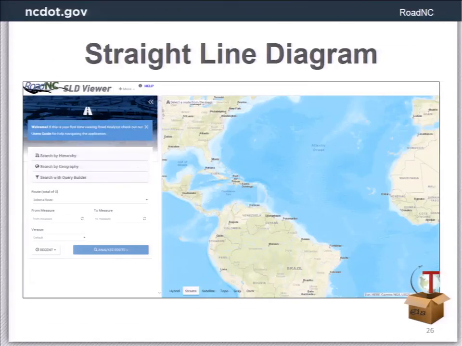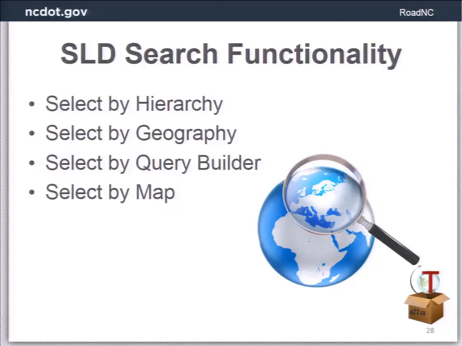Now, while users can start off by selecting a route via the data viewer, once in RoadNC SLD, you have a myriad of options to choose new routes to analyze. You can search for routes by hierarchy, select by geography, select by query, and you can also select by just moving your pointer onto a route in the map.